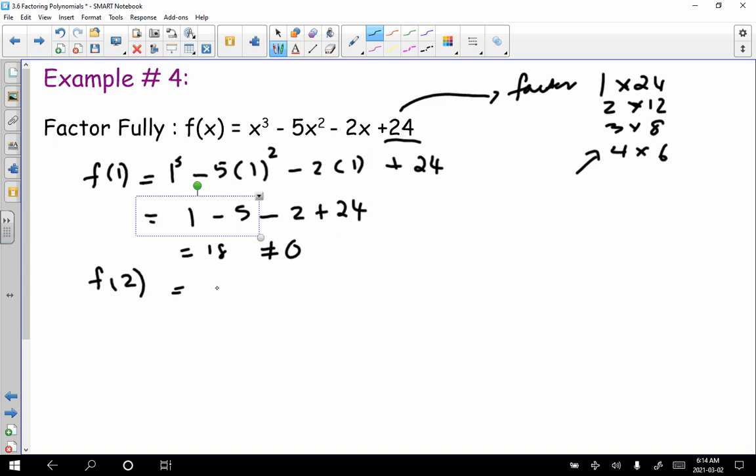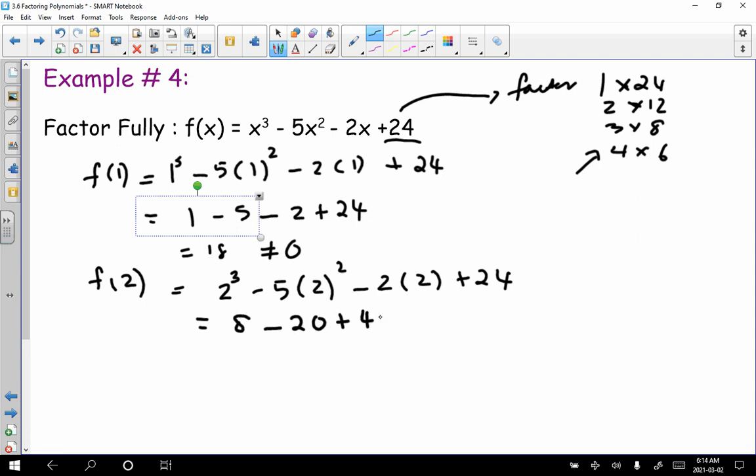Okay, so let's try 2, f of 2. f of 2 equals 2 cubed minus 5 times 2 squared minus 2 times 2 plus 24. And that's 8 minus 20, minus 4, plus 24.